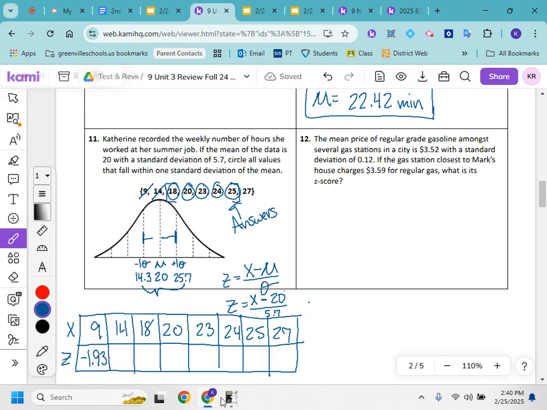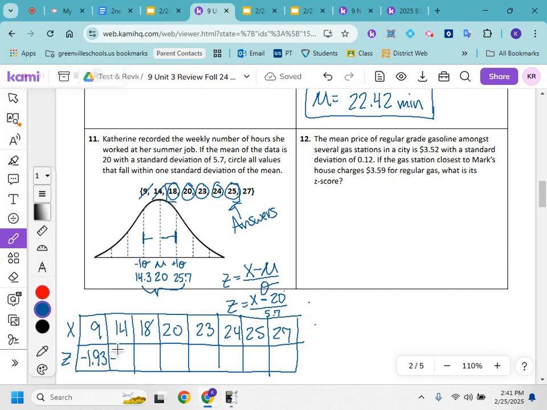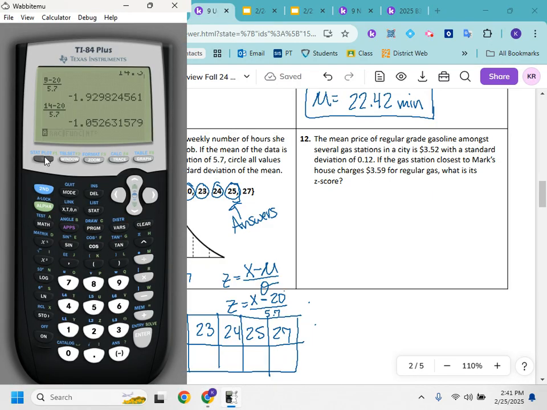It's closer to 2. And then I do the same thing with the next number, 14. Negative 1.05. That's still further by 0.05 than one standard deviation. 18, alpha y equals, enter, 18 minus 20 divided by 5.7, negative 0.35.